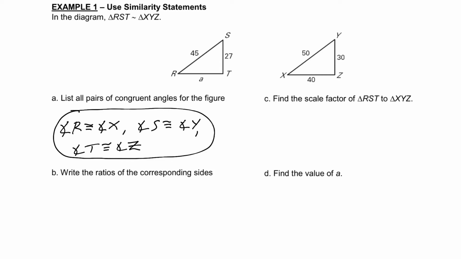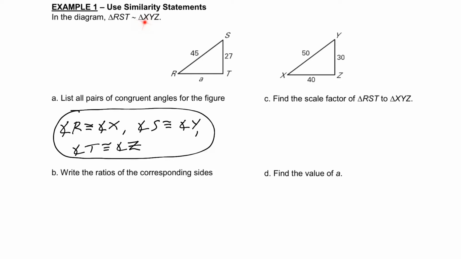So in part B, we need to write down the ratios of the corresponding sides. We need to know which sides correspond with each other. If you just look at the similarity statement right here, we know the first two letters, segment RS, is going to correspond with the first two letters here.